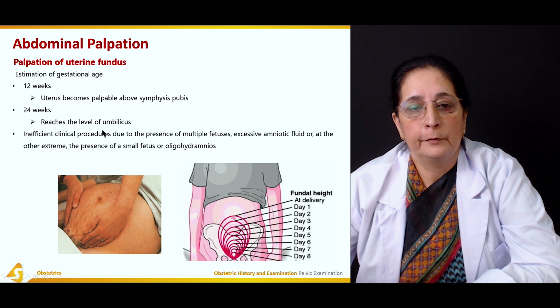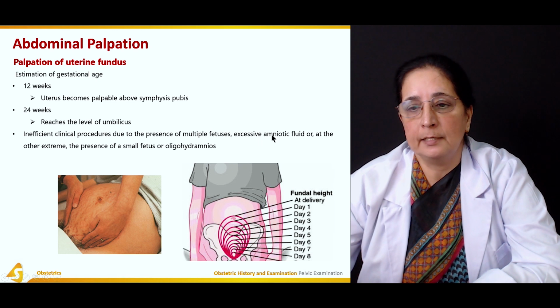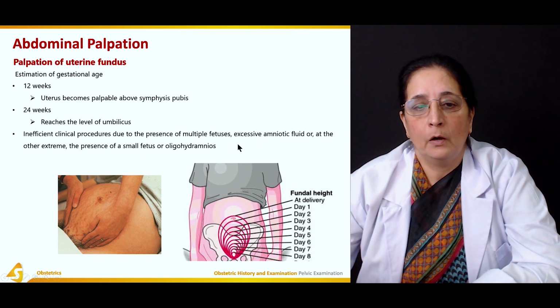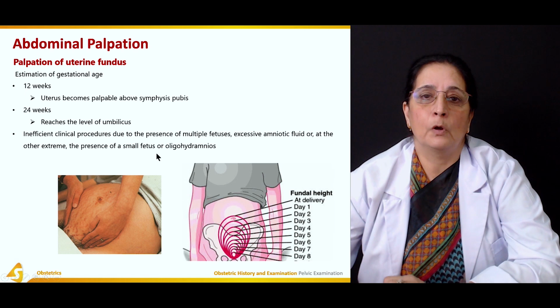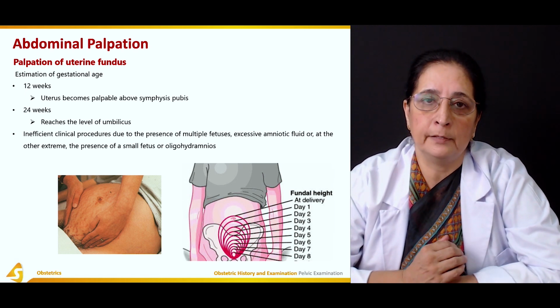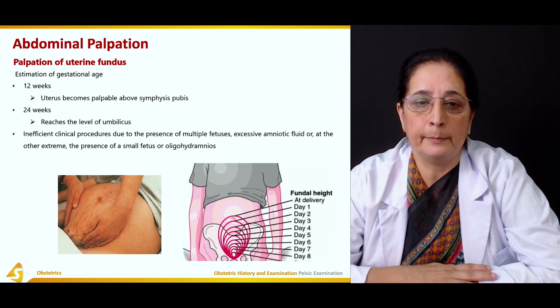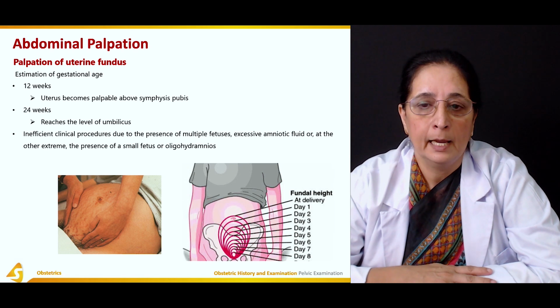The clinical procedure is inefficient due to the presence of multiple fetuses, excessive amniotic fluid, or at the other extreme, presence of small amounts of fluid, or oligohydramnios. If any of these conditions is present, usually the abdominal examination is not very effective.